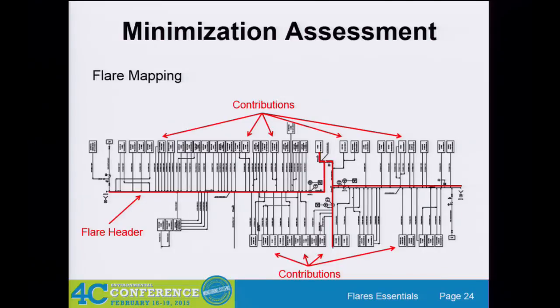So if I have an RCA event and I need to find out where the flow came from that triggered 500,000 scuff per hour or scuff per day, you can say, okay, this flow meter is showing all the flow. At least I've reduced it to a certain number of connections. I'm not searching the entire system to try to figure out where it came from.